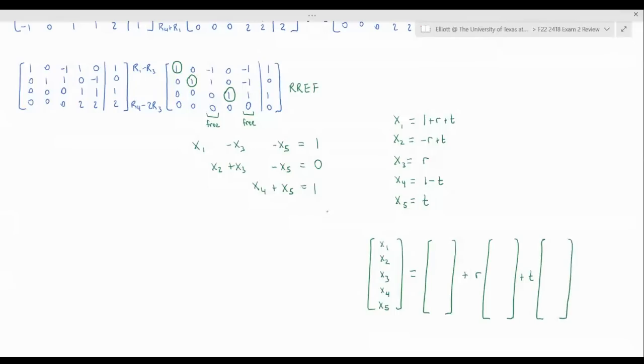So normally we have x1 is 1 plus 1r plus 1t. So I'm going to fill in 1, 1, 1 like that. And so right now that gives me x1 is 1 plus 1r, whoops, plus 1t.